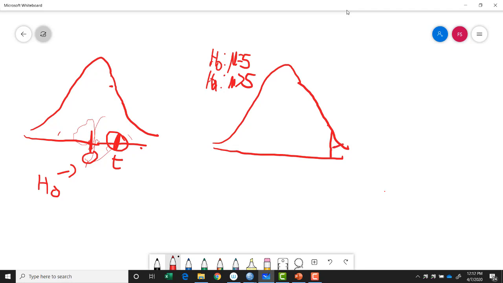So we have a value called alpha, which in this case is usually going to be 0.01, 0.05, or 0.1. This is actually the type 1 error.